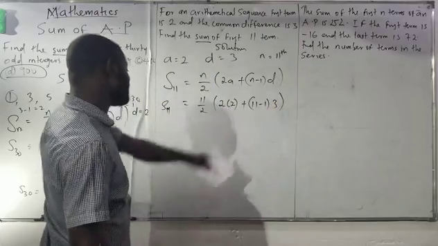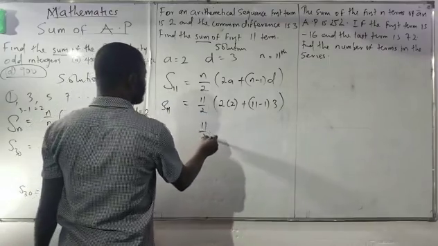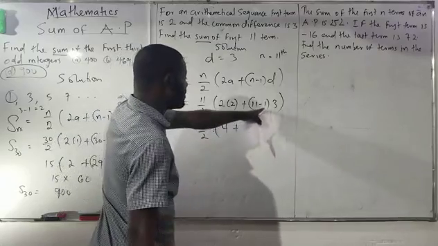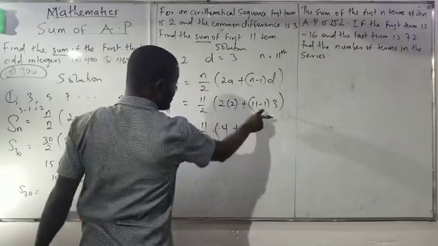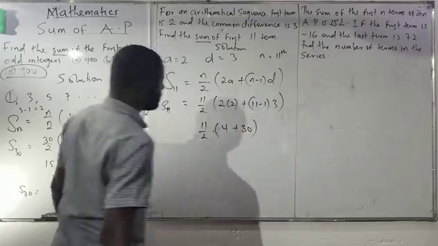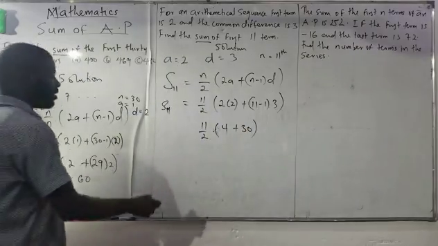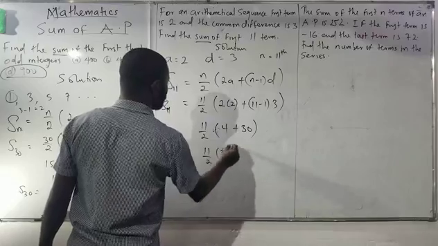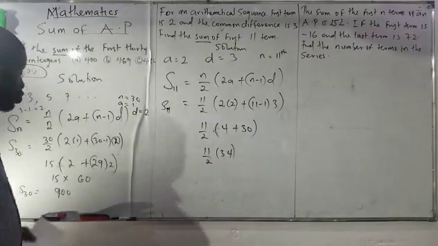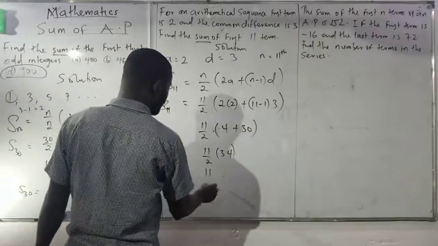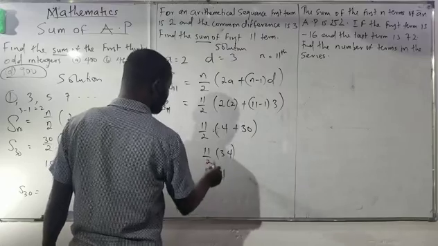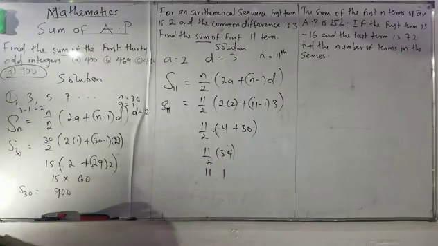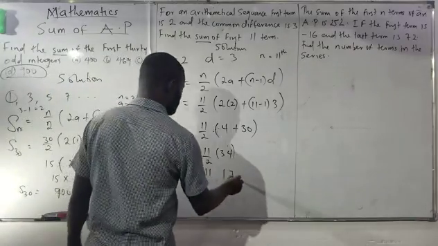Now I will be having 33. Now it will be 11 divided by 2, bracket of 4 plus 30, I mean 10 times 3 is 30, which is going to be 34. 34 divided by 2 is 17. So 11 times 17, 17 times 1 is 17, and 17 times 10 is 170, that will be 187.